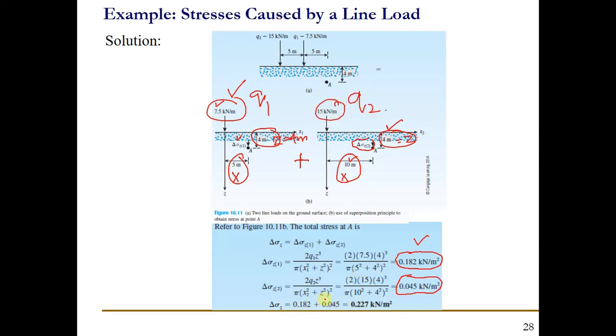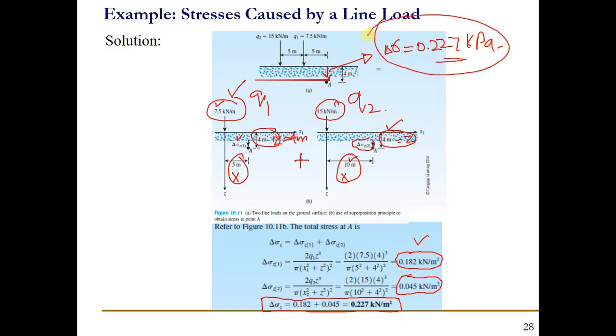So we'll find out that the total stress increase will be equal to 0.227 kilonewton per square meter at this point, that is 0.227 kilo Pascal.